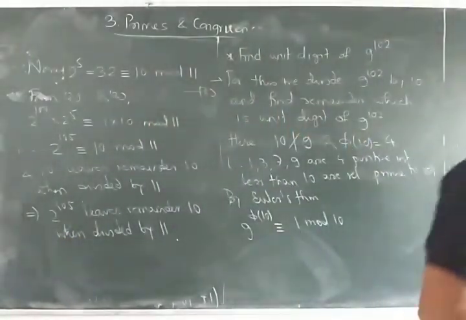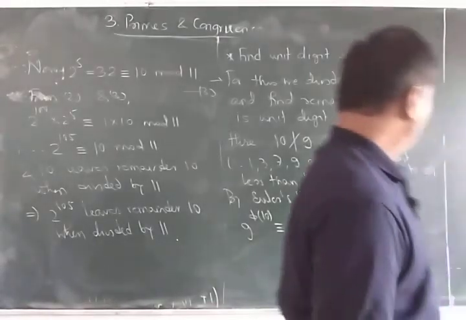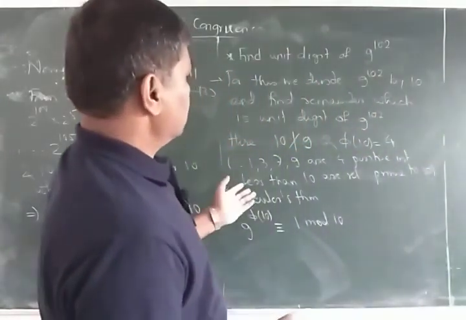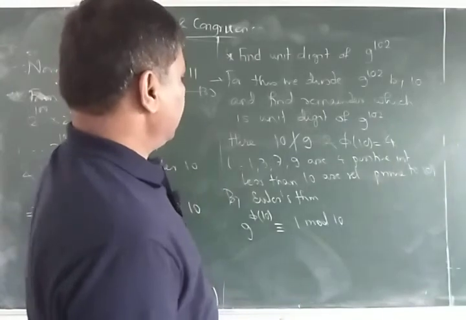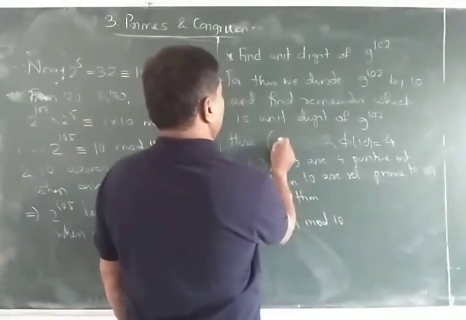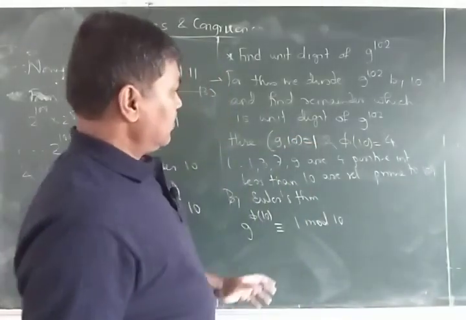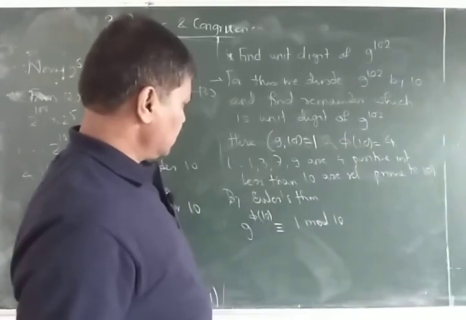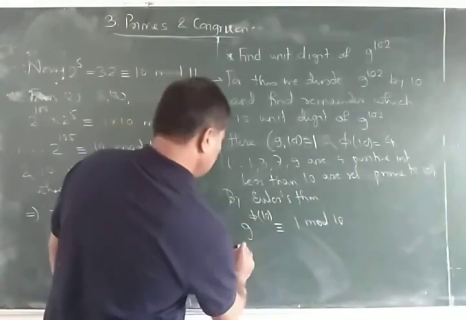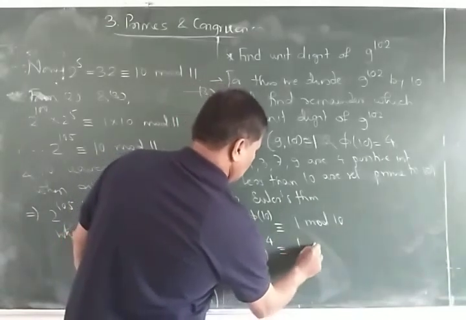Is it right? So Euler's theorem states that a raised to phi of m is congruent to 1 mod m if GCD of a and m is 1. Here GCD of 9 and 10 is 1 and phi of 10 is 4. So 9 raised to 4 is congruent to 1 mod 10.